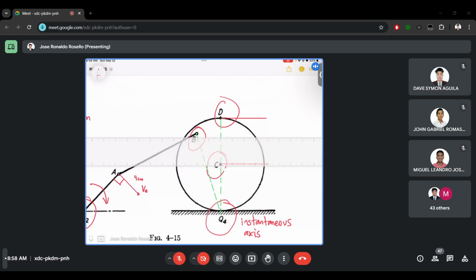And we know that B is going to the right also. But it should also be perpendicular just like this one and this one. And let's make it perpendicular also here. Yeah. So now we have the directions of B, C, and D.